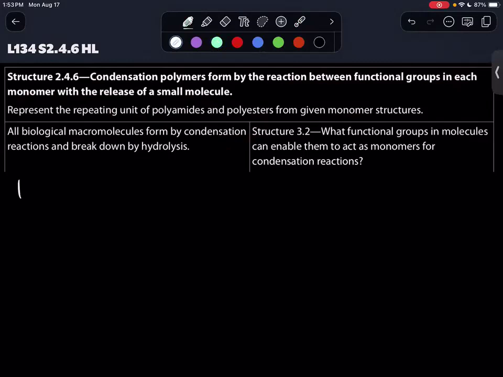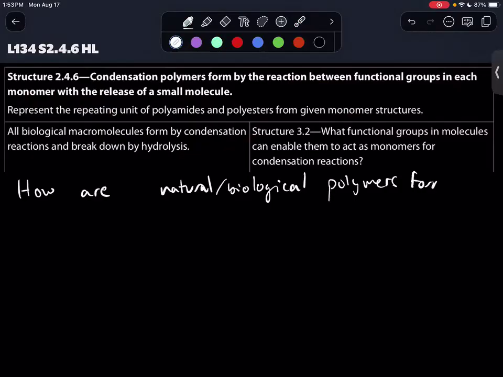So that answers the overarching question here, which is: how are natural and biological polymers formed? Well, the answer is just condensation. Condensation reactions.